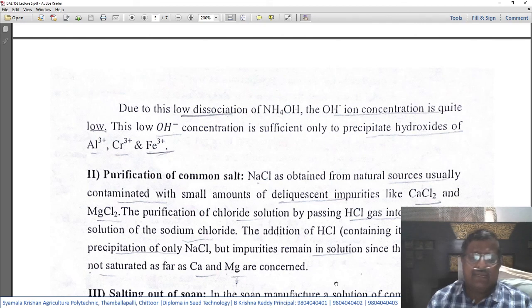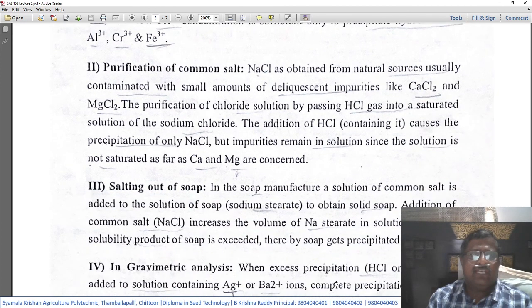Next, the second application: purification of common salt. This common ion effect is practically used in the field of purifying common salt. Sodium chloride, common salt, as obtained from natural sources, is usually contaminated with small amounts of deliquescent impurities like calcium chloride and magnesium chloride.